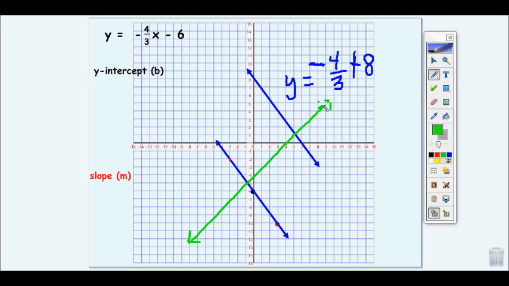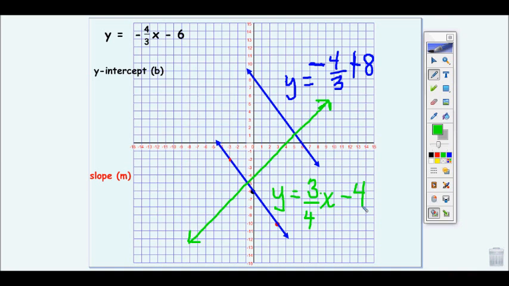So the equation for the perpendicular line here would be y equals, and I'm going to do a positive because the first slope was negative, and the reciprocal would make it 3/4 x, and it's going to cross this time at a negative 4 for the y-intercept.